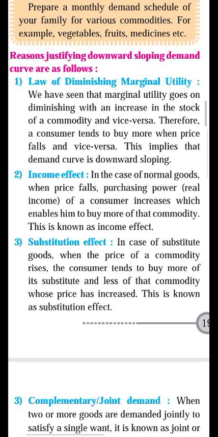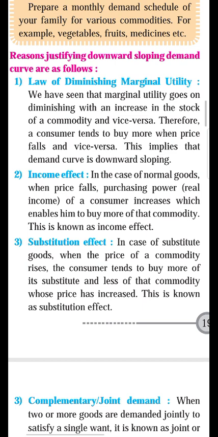Third is the substitution effect. Substitution effect happens in the case of substitute goods like tea and coffee. So when the price of tea increases, its substitute goods become relatively cheaper, and because of this people demand more and more coffee.